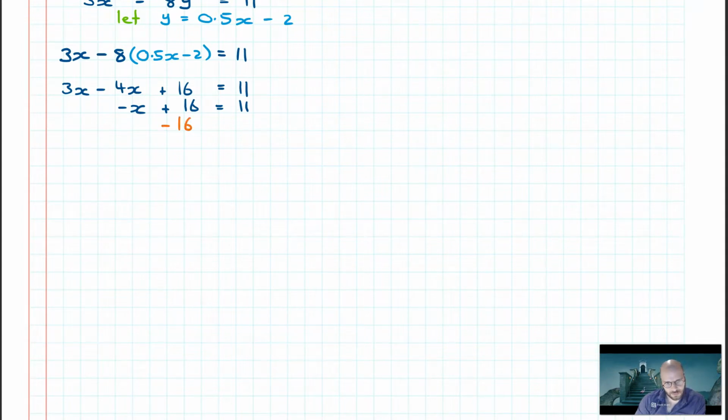Taking 16 from both sides, I find that 11 take 16 is minus 5, and then getting rid of the coefficient of negative 1, I simply divide both sides by negative 1, and therefore I find that in this instance x is equal to positive 5.